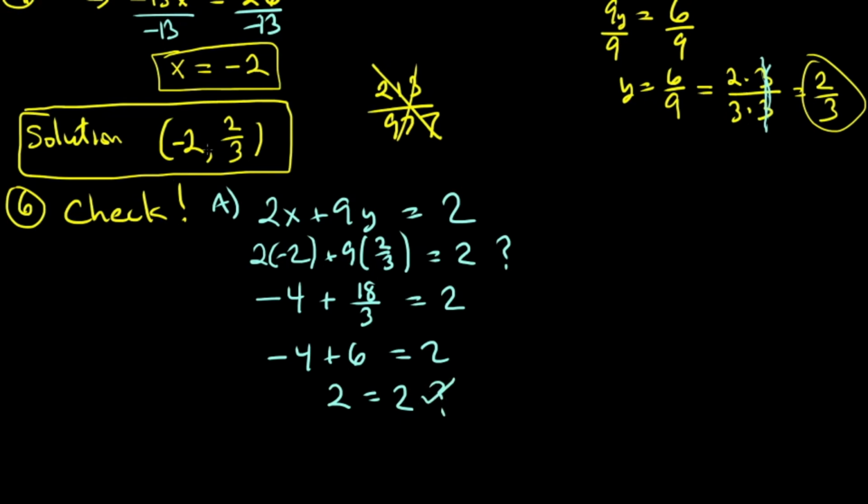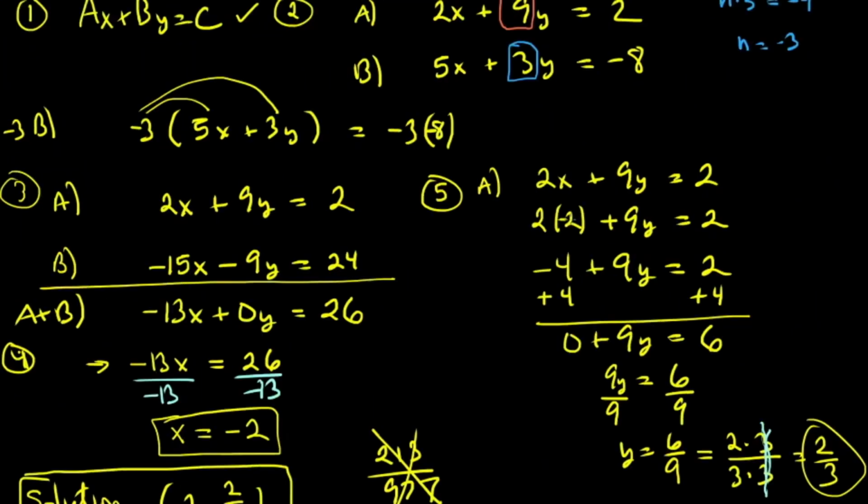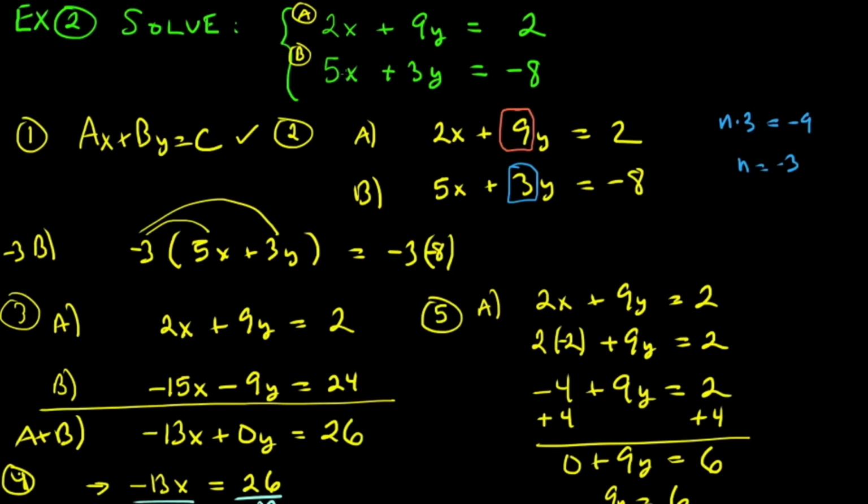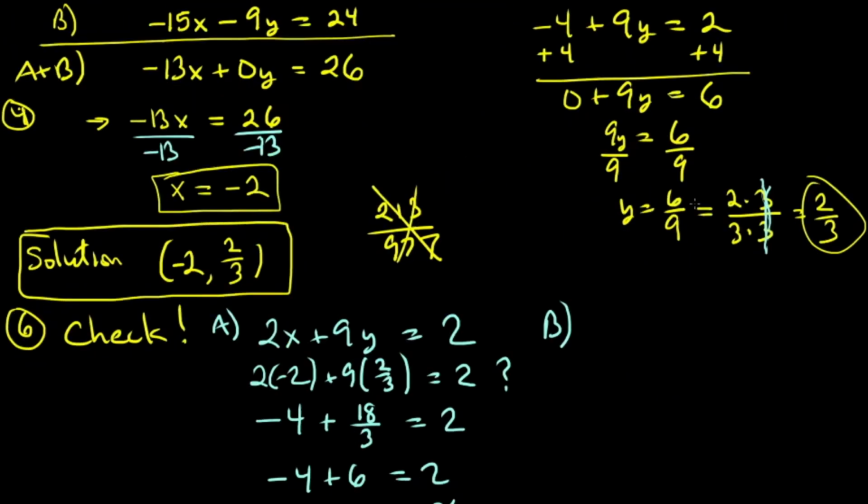So this is a good sign, right? But be careful. That doesn't mean that we got the correct answer yet. Remember, you have to check both equations. You have to check equation A and equation B. Equation B, remember, was 5x plus 3y equals negative 8. Right?